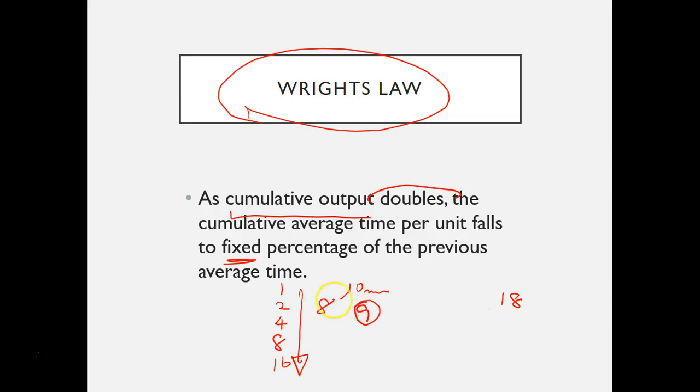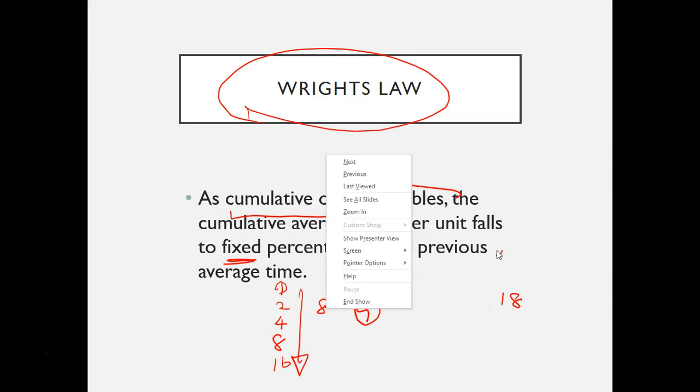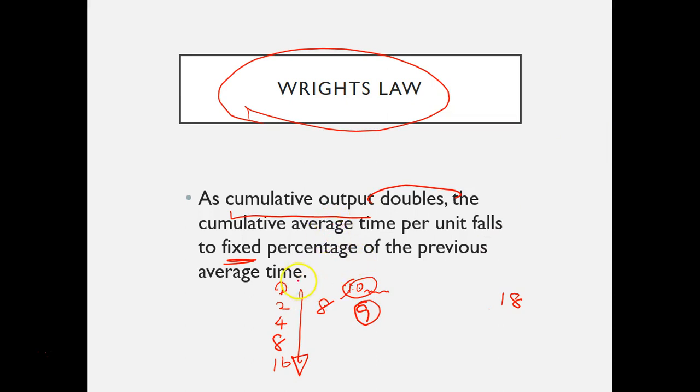This is important. It took 10 minutes to make the first unit. It'll take 8 for the second, because we're saying that it falls. But the relationship is not between 10 and 8. The relationship is between the first two units. The 1 plus 1, and 2, would have taken 18 minutes, 10 plus 8.